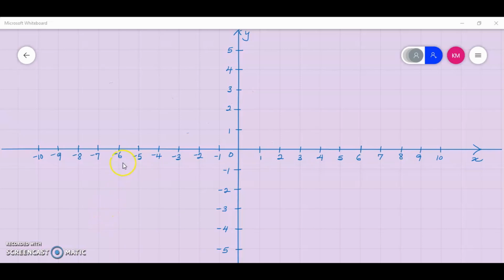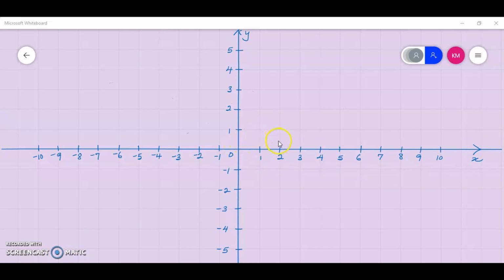In this tutorial, we will be looking at how to draw the graph of a given equation. Now on screen, you are seeing a Cartesian plane that has already been graduated, and keep in mind that our x-axis is that horizontal number line and our y-axis is that vertical number line. Remember, that point where our axes meet is called the origin.